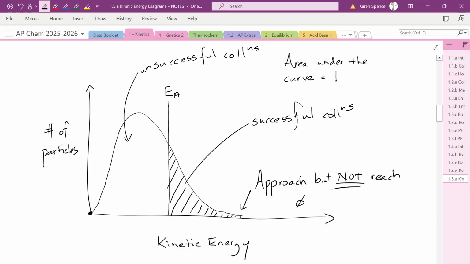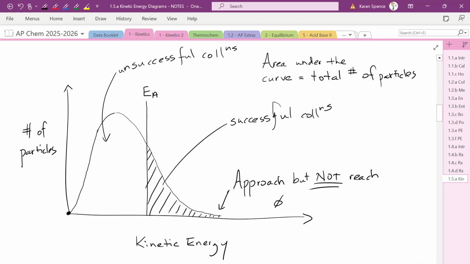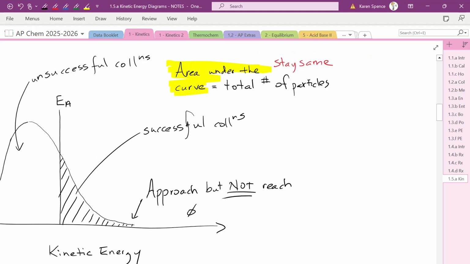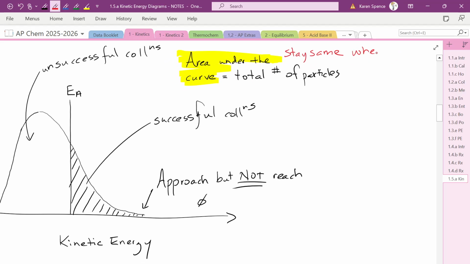All the particles, the total number of particles. Will that change if you increase the temperature? No, the area under the curve stays the same when you change the temperature.